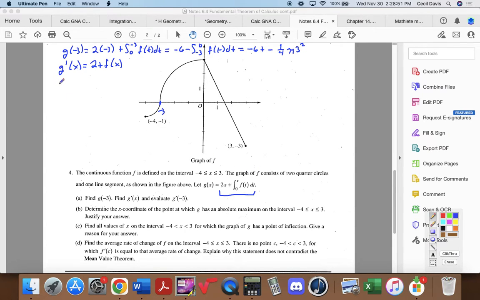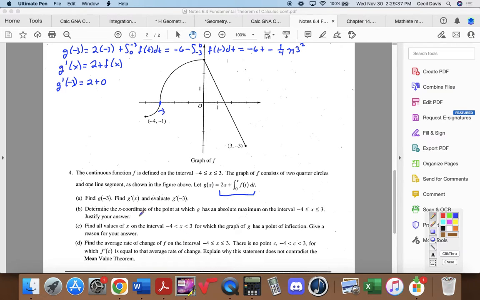So now we want g prime at negative 3. Oh, my mistake. Thank you. So g prime at negative 3. So this will be 2 plus f at negative 3, which is 0. All right, so that's part A.